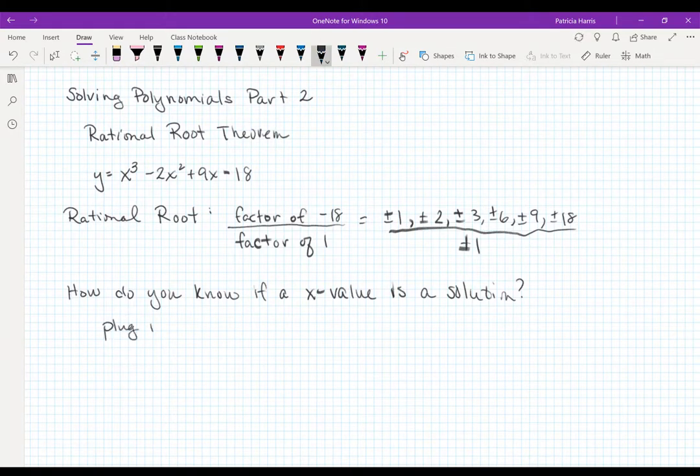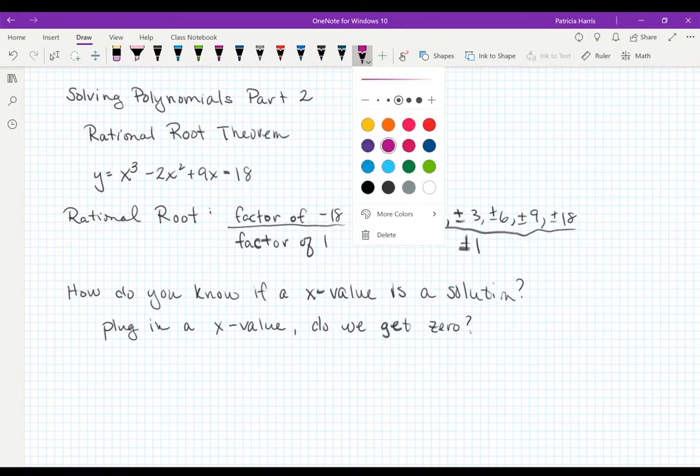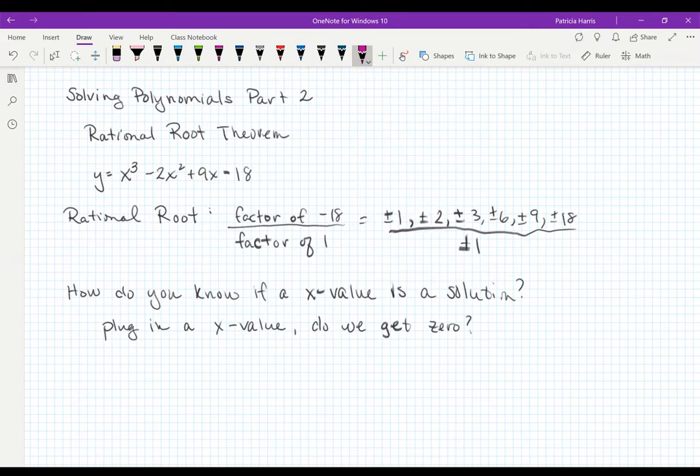So if we plug in, let's say 1, we have to ask ourselves, do we get 0? If we get 0, then we know we found one. Okay, so the easiest ones to plug in are 1 and negative 1. So usually we start with those.